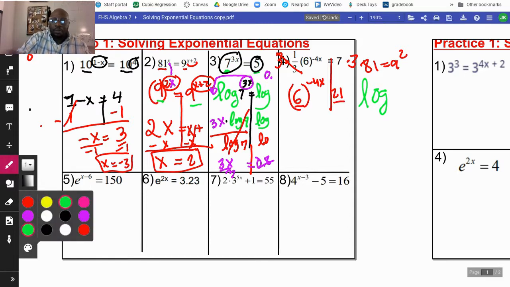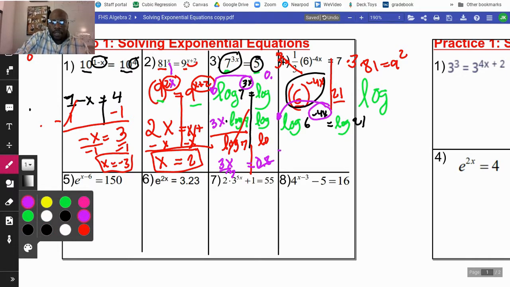So what do you do? You bring my famous log, buddy. So log, and then you just drop whatever's next to it, all of this. You just drop it here. Equals. Same thing. You have your log right here. Log of 21. All right, so as you learned from me last time, you take the power, you bring it to the front.